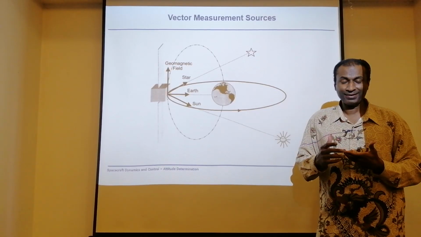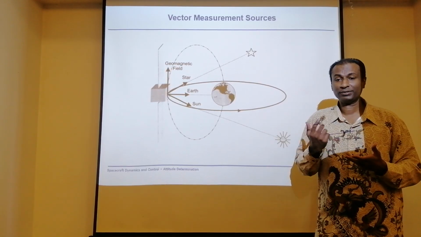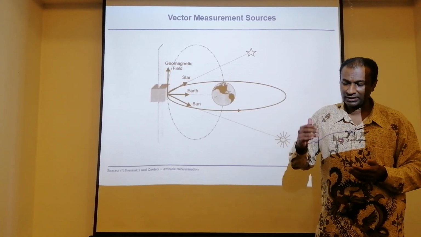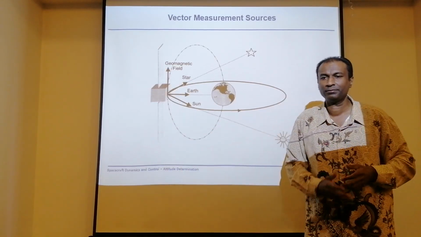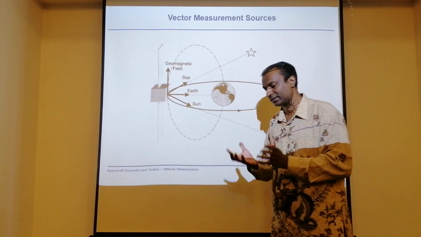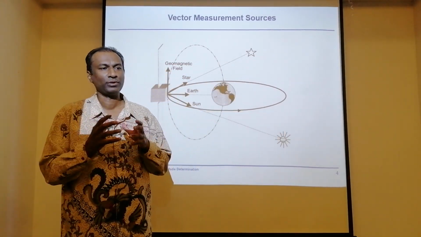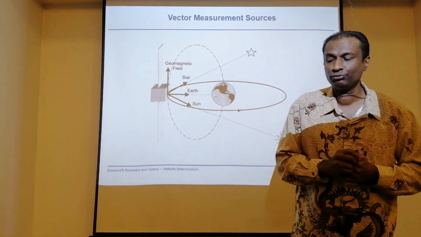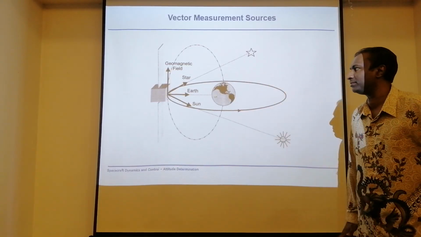So the magnetic field not only disturbs us, it also helps us induce torque, and it also helps us to navigate. When you go higher and higher, very far from planet Earth, the magnetic field gets very weak. So having that altitude and the actual model, we should be able to estimate the attitude information that we need. So these are the typical sources that we normally use.